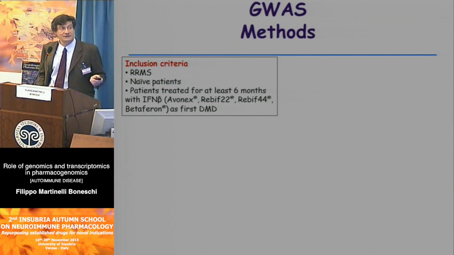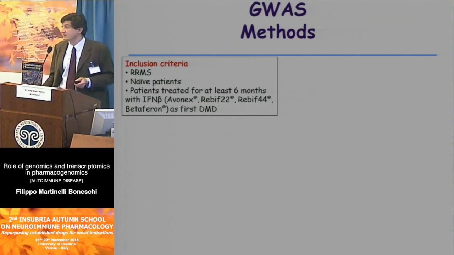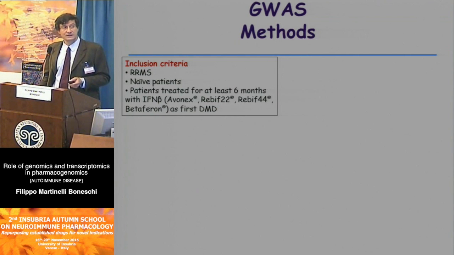This is just to remind that if you are collaborating with clinicians, you have to check in a very careful way how patients are selected, because it is very important that, starting from biological samples, you are collaborating with people who actually put a lot of effort in selecting the right patients.